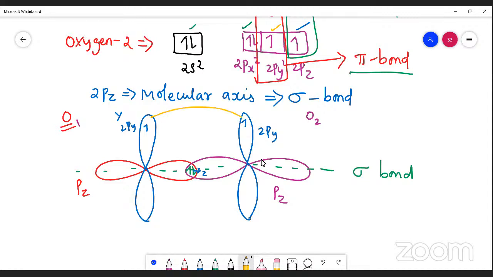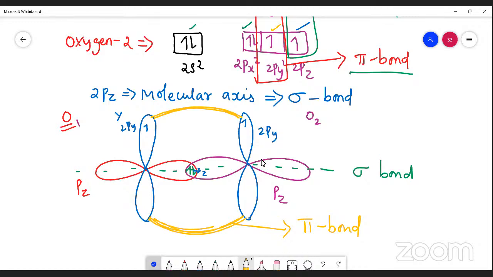This is called lateral or sidewise overlapping, and this leads to the pi bond. This overlap is not in the molecular axis, it is only sidewise. So those 2p orbitals can overlap only sidewise, and it leads to the formation of a pi bond.